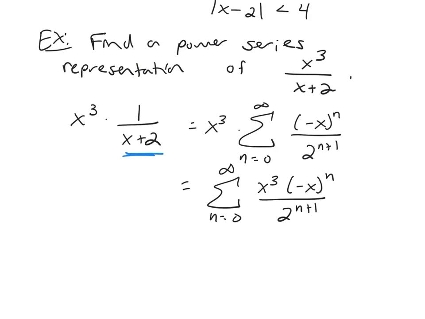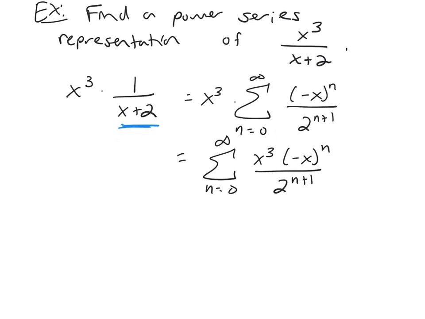So in order to do that, I'm going to have to rewrite negative x to the n. We kind of did that earlier, where I rewrote that as negative 1 times x. So, sum n equals 0 to infinity, x cubed, I can rewrite this as negative 1 to the n, x to the n.